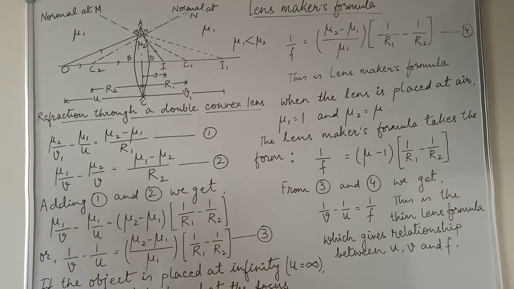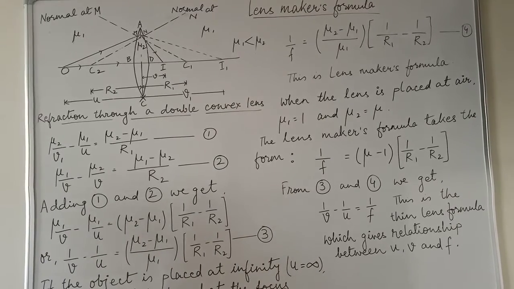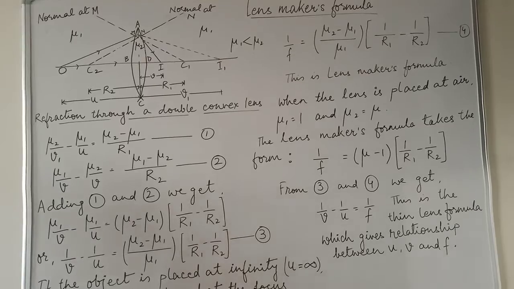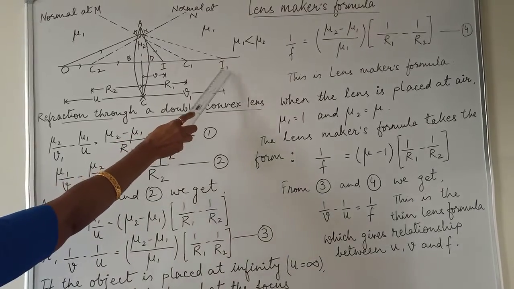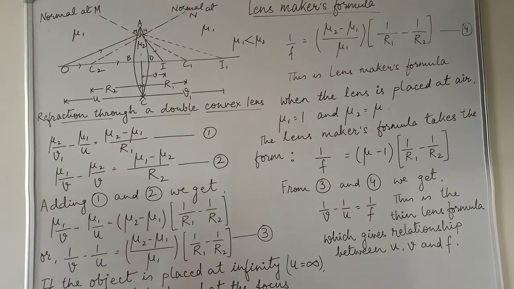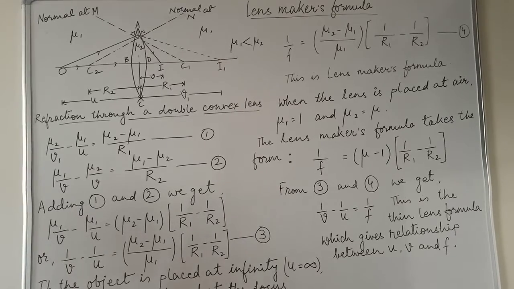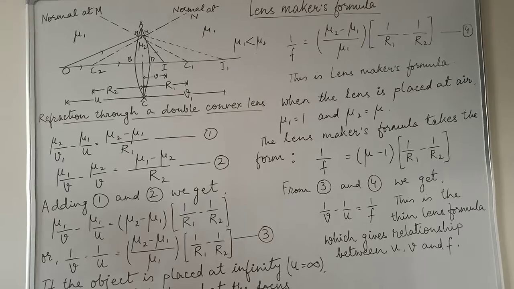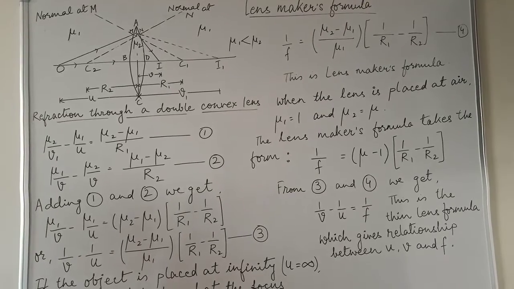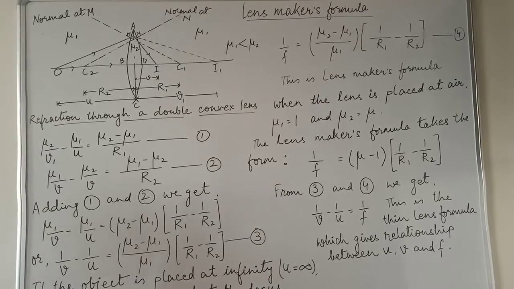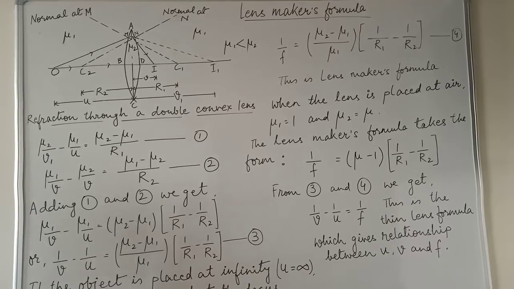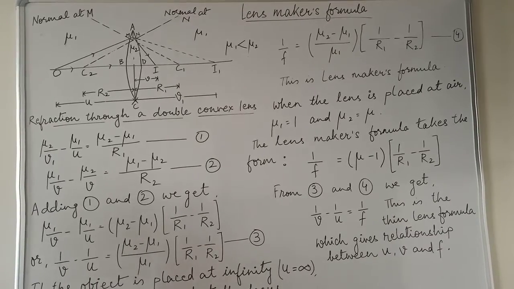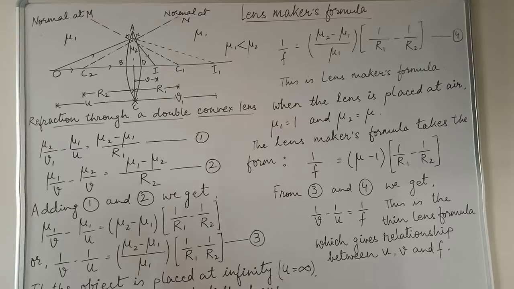Now see, for refraction at the second surface, I1 acts as a virtual object placed in the medium of refractive index mu2, and I is the real image formed in the medium of refractive index mu1.